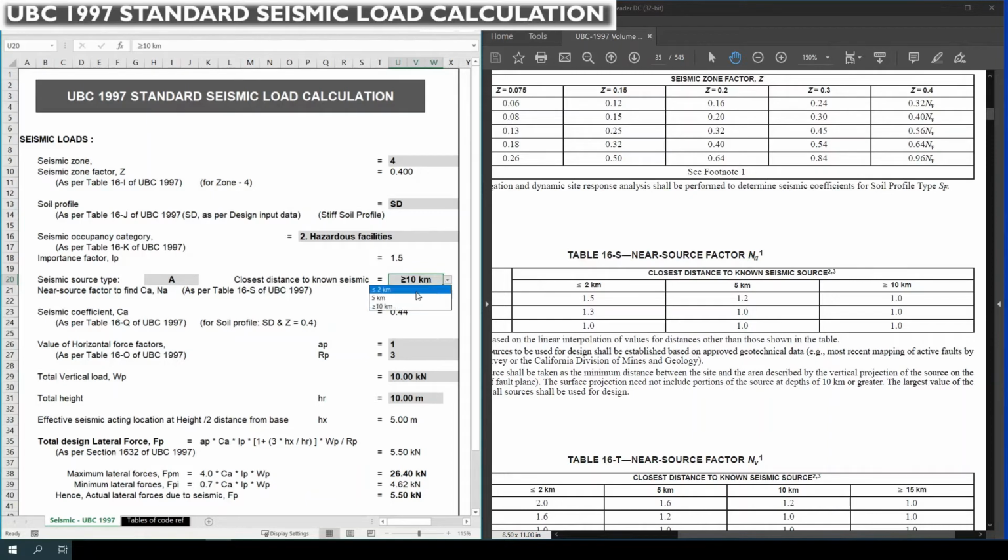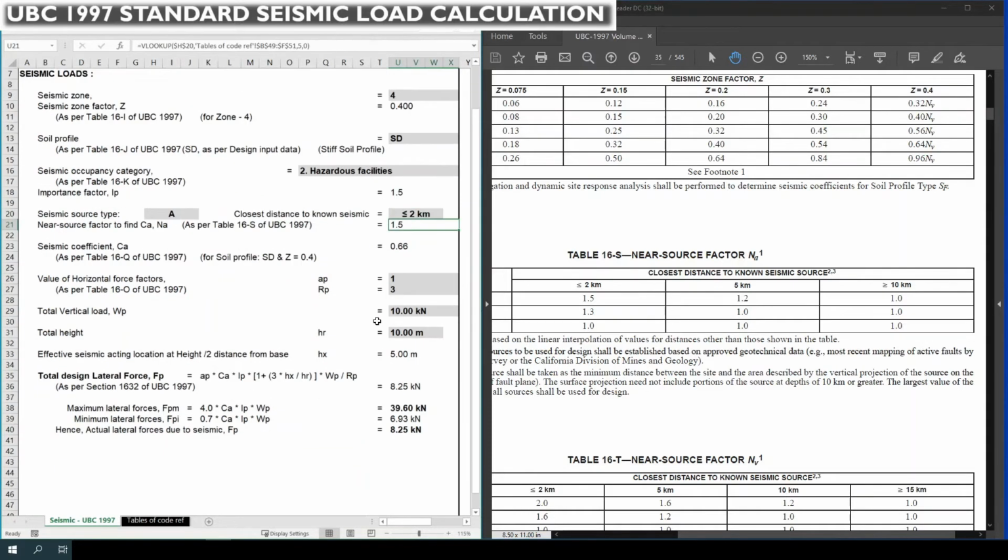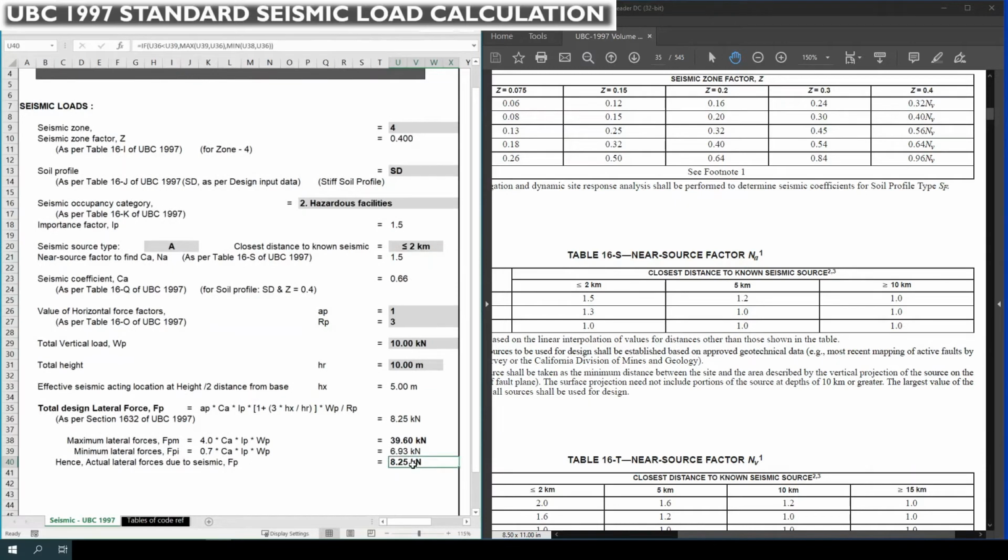Suppose I am selecting less than 2 kilometers, it means the seismic source is very close to the site. Then the factor is 1.5. Obviously the seismic load also gets increased.